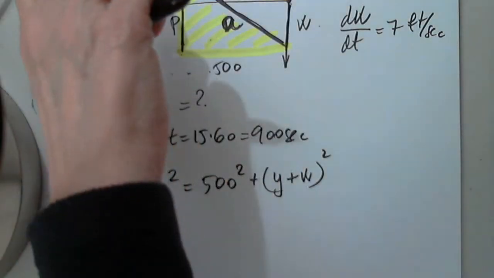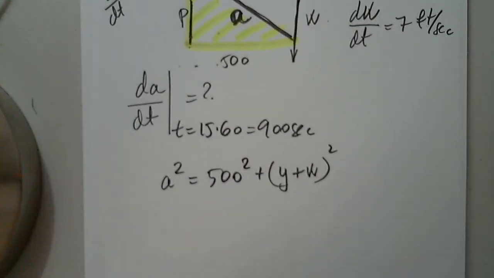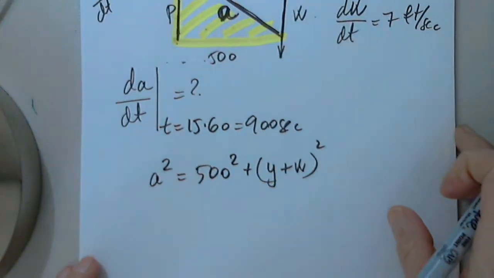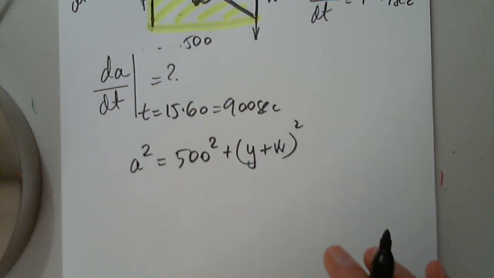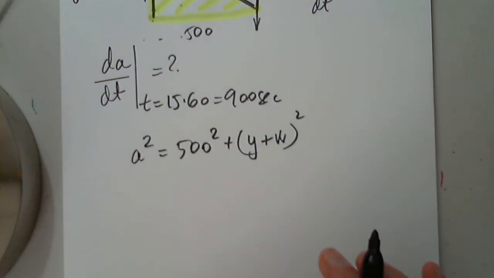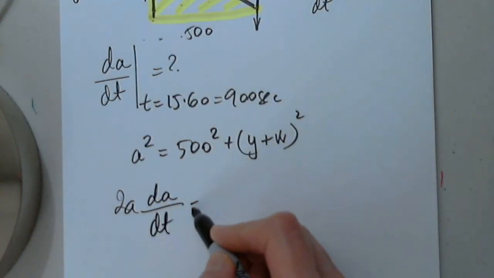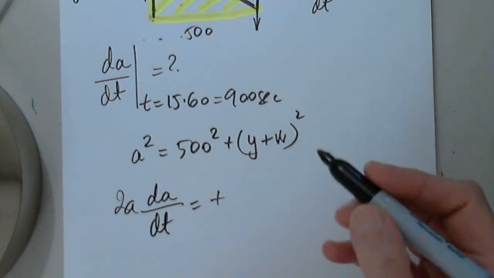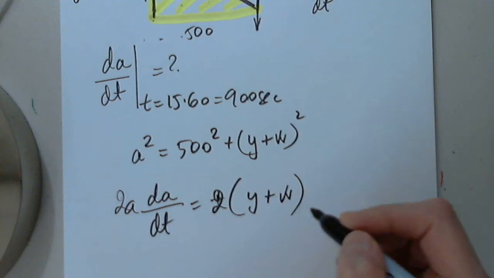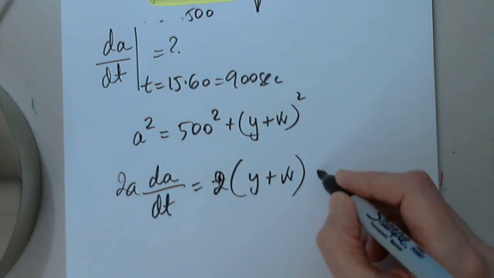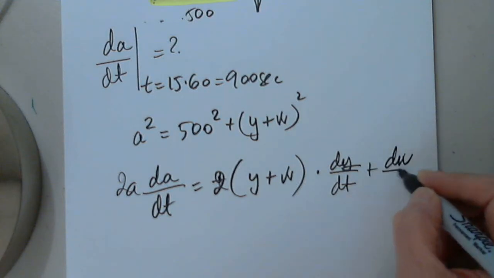So then from here, sorry, I think I messed up this, hopefully not. Okay, so from here I can differentiate. And this is 2a dA over dt. Plus, I'm sorry, I did not do plus. 2 times y plus w to 2 minus 1 times dy over dt plus dw over dt.